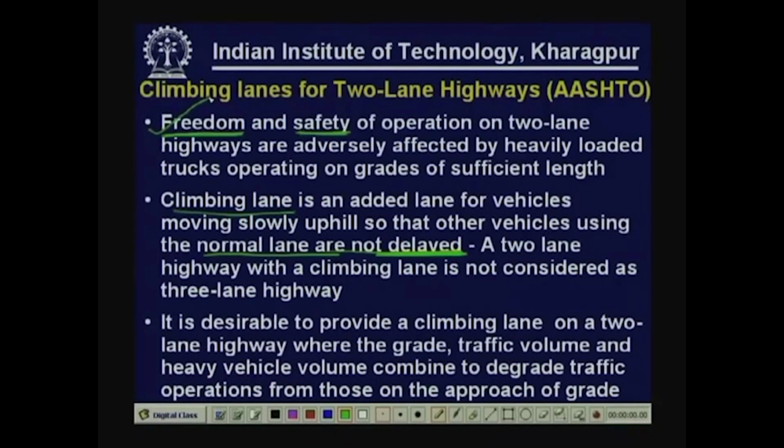But remember that a two-lane highway with a climbing lane should not be considered as a three-lane highway, because if you consider a three-lane highway, the operation is very different.